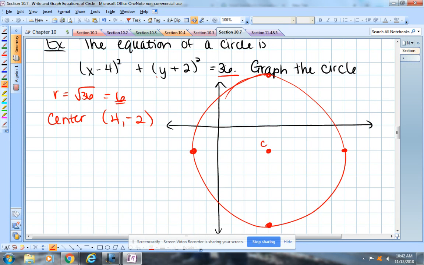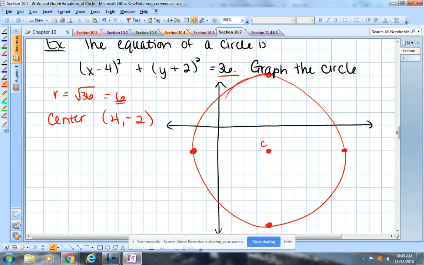I'd do all 4 points, and then I would just trace it around like that. So that's what a circle compass is good for. It just looks just as good as mine. Okay? So that would be what I would do if you have one of these. If not, then do like this.